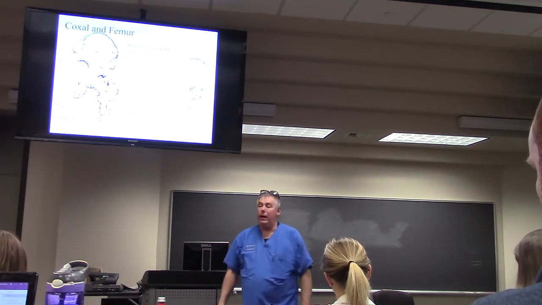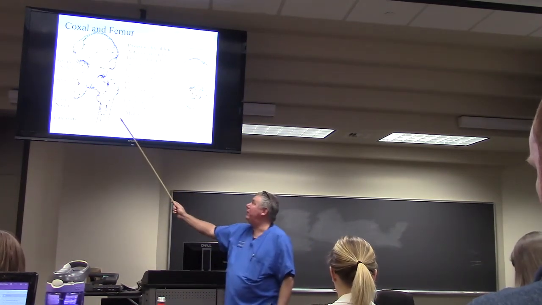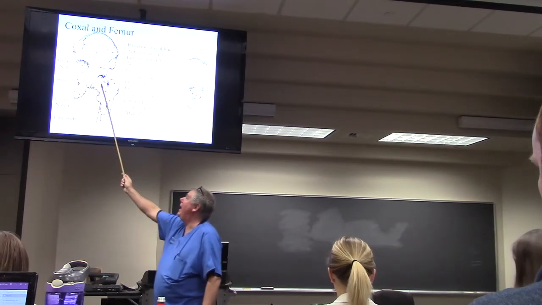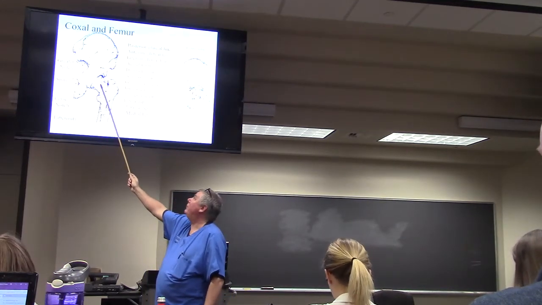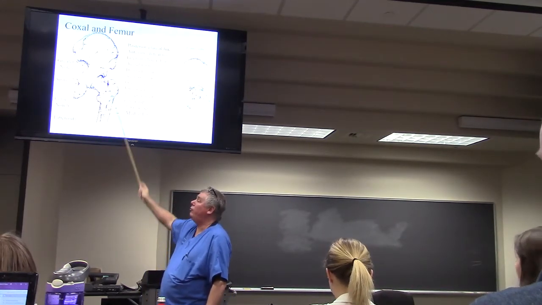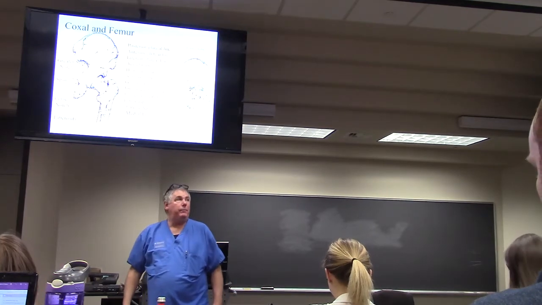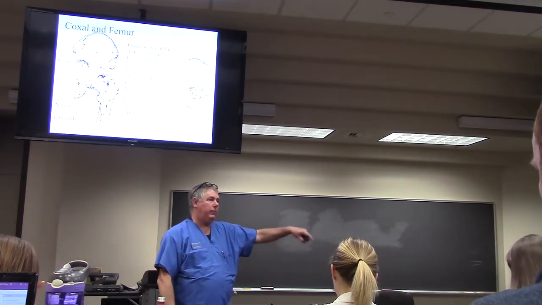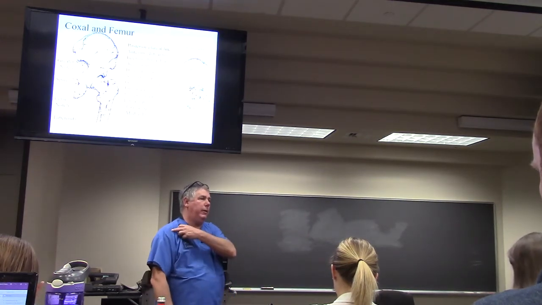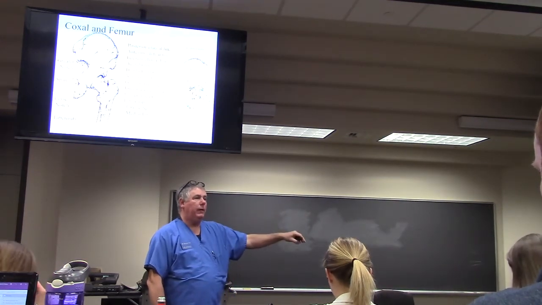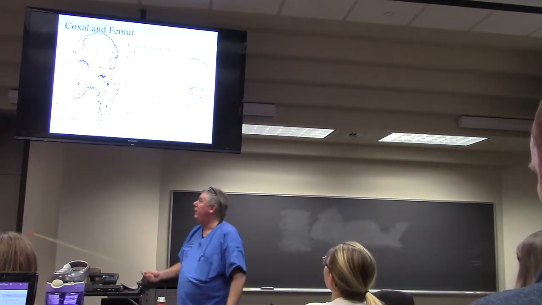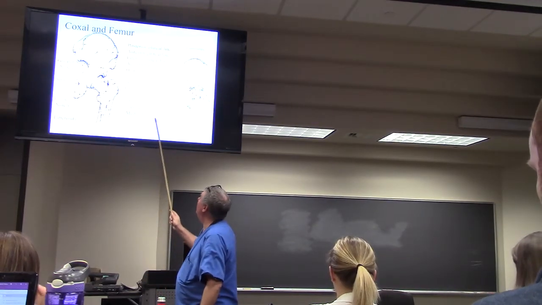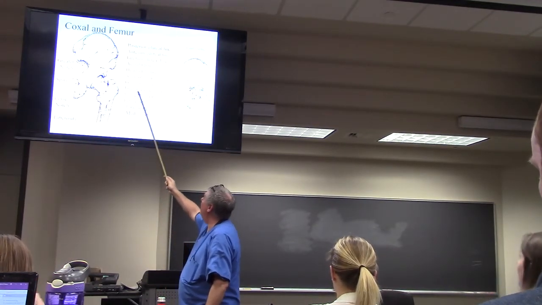If you look at the femur itself, the proximal femur, you've got the head, the neck is here, and then you've got a lesser and a greater trochanter with a little crest that runs between them. Not a groove like up in the humerus, but a crest that runs between them. That's called the intertrochanteric crest, right there. Okay.